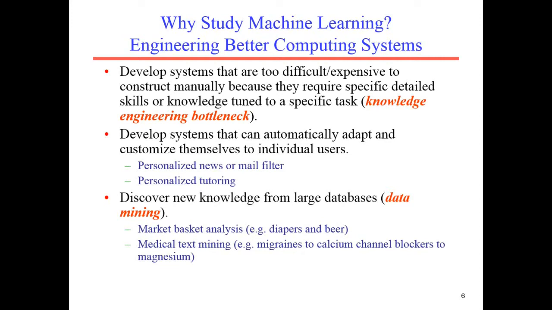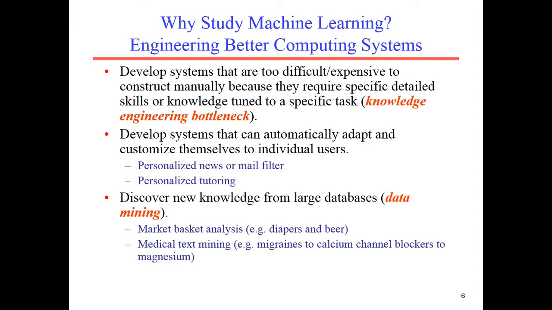So why do we study machine learning? Here is extremely important. If you want, for example, to solve a system, and the system is sometimes extremely difficult or extremely expensive for engineering to do, we need to use a computing system to solve the problem. Develop a system that can automatically adapt itself to individual users, for example, your email, your computer, your browser, and so on.